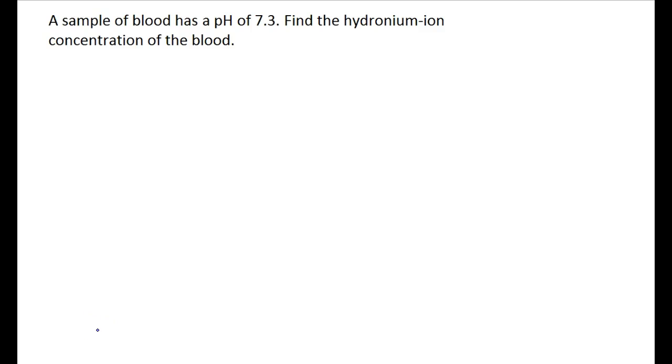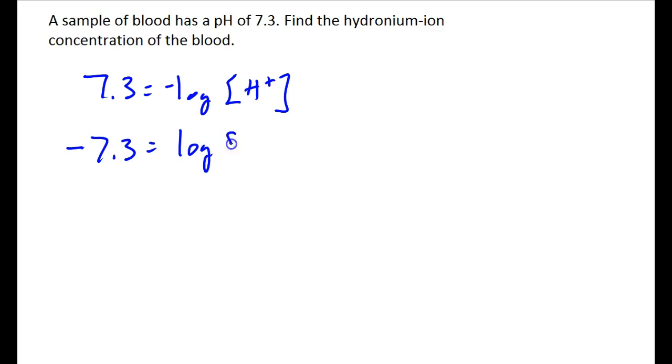And our last example, what happens if we know the pH? We'd like to get the hydronium ion concentration, the H plus number. Okay, well, 7.3 is the negative log of the hydronium ion concentration. That means negative 7.3 is the positive log of H plus. This is a base 10, so converting to exponential form, 10 to the negative 7.3 is equal to H plus.